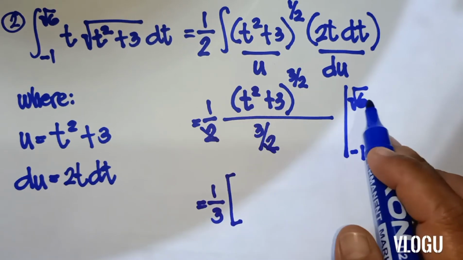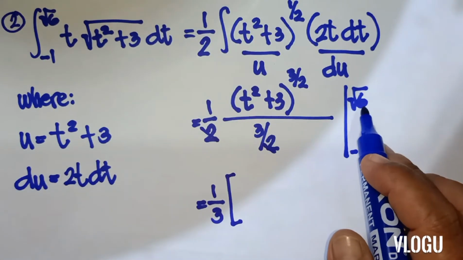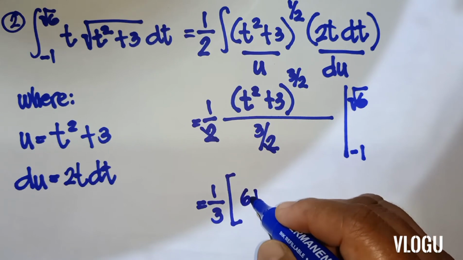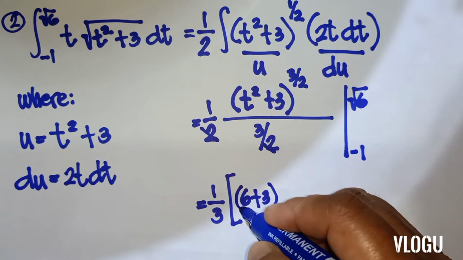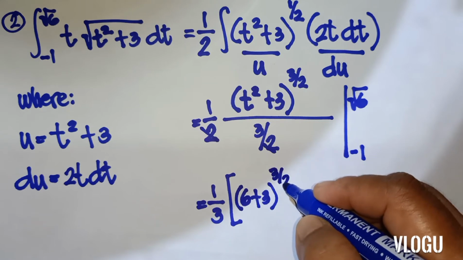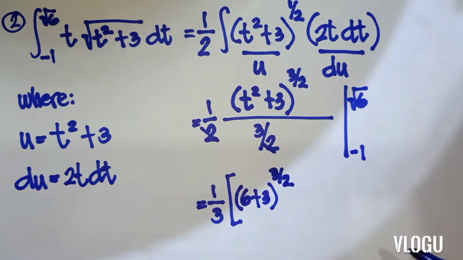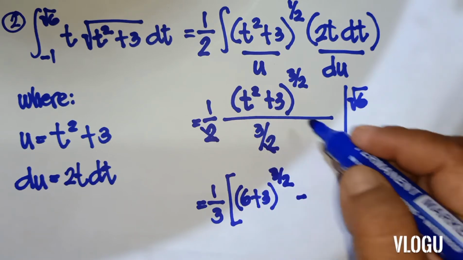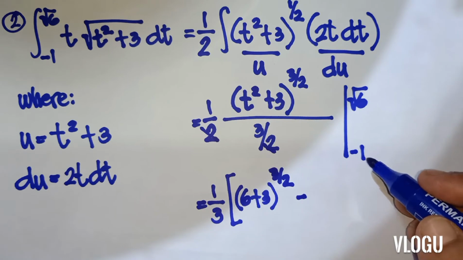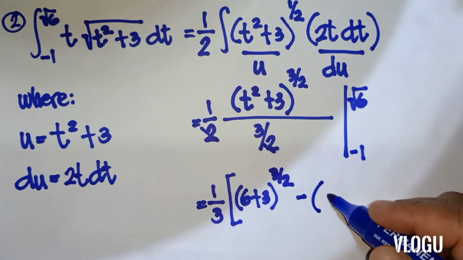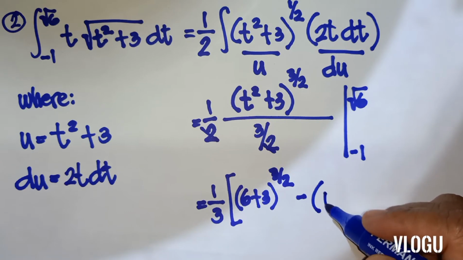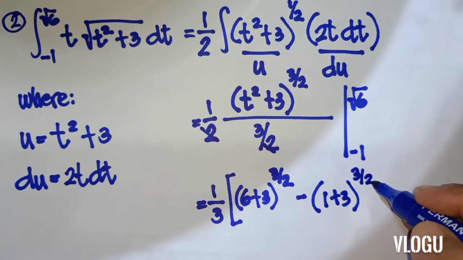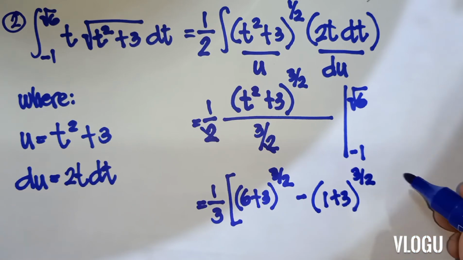Then you will have the upper limit: you start with the square root of 6 squared, so that becomes 6 plus 3 raised to 3/2. And then minus, -1 squared becomes positive, so you will have 1 plus 3 raised to 3/2.